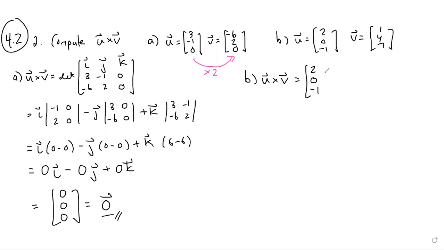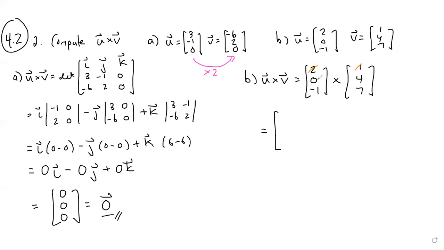So 2, 0, -1 crossed with 1, 4, and 7. And so what I'm going to get here is just this kind of horrible pattern, but there's some method to it. So for the first entry, I'm going to ignore the first entries here.